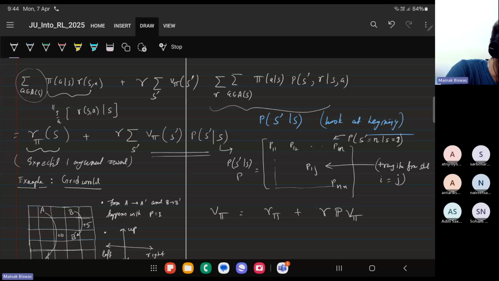Because this is just for every S, I am taking a summation, a linear combination of all other V pi 1 and so on. So this is my equation.